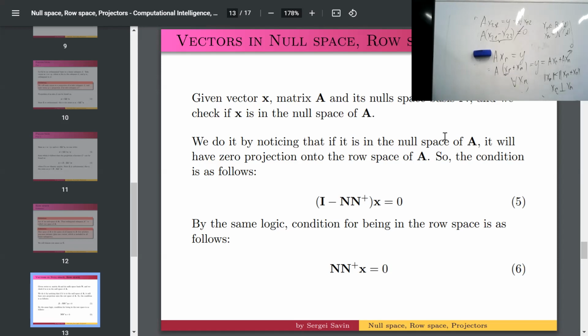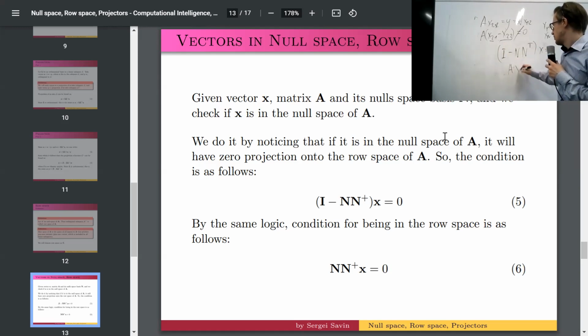But when does it make sense? So now we are coming to the computational intelligence part of the course for the first time, maybe. And let's see if you like it. So when does expression number 5, which is (I minus n transpose n) x equal to 0, beat expression A times x equal to 0?